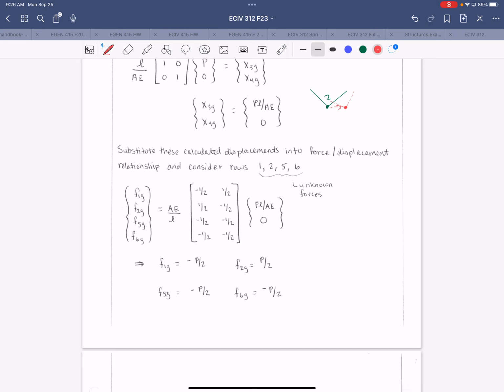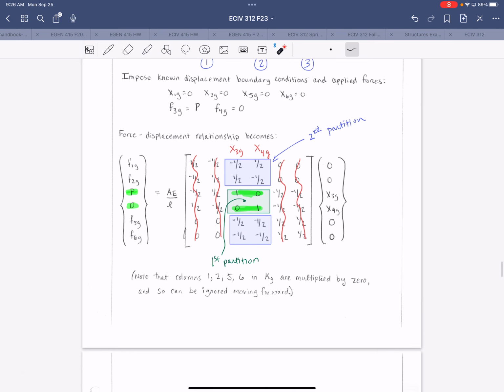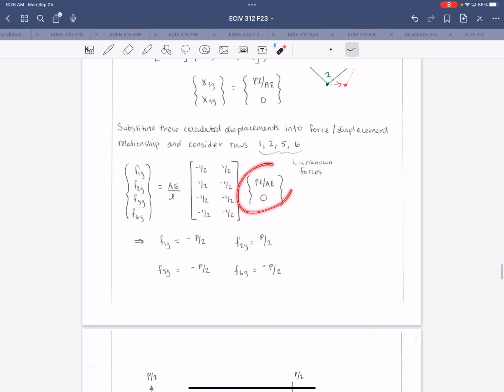All right, so now that we have those displacements, we go back and identify our second partition, which I already highlighted in blue. That's associated with the rows that have unknown forces, because now we want to solve for those reactions. And we just plug in the x3g, x4g values, because we're just using the columns associated with the displacements that are non-zero.